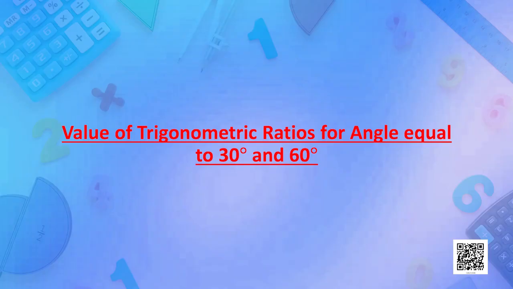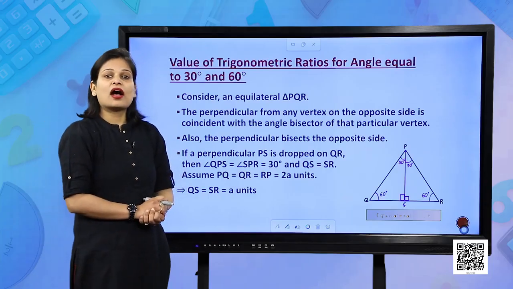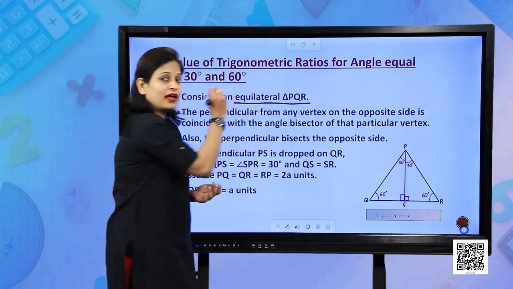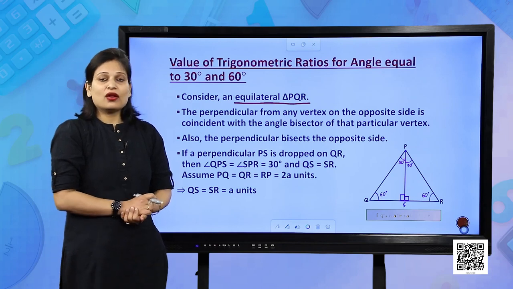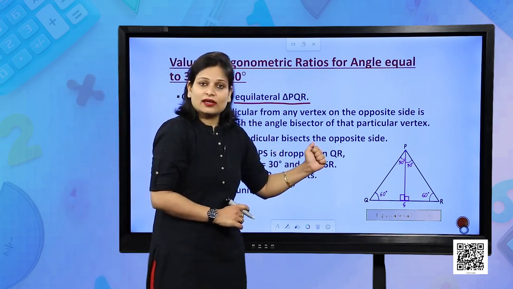Now comes the trigonometric ratios for angle equal to 30 degree and 60 degree. For this, we need to construct an equilateral triangle PQR. In an equilateral triangle, all sides are equal and all angles are equal to 60 degree.